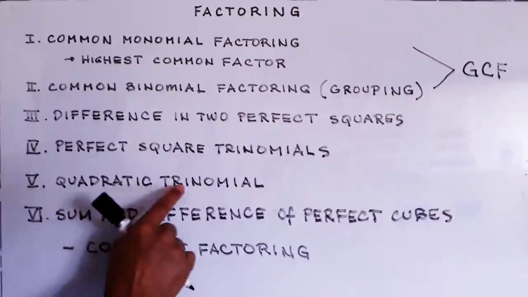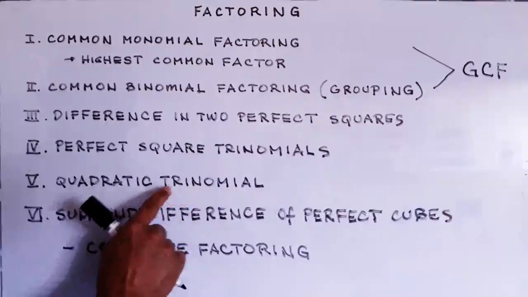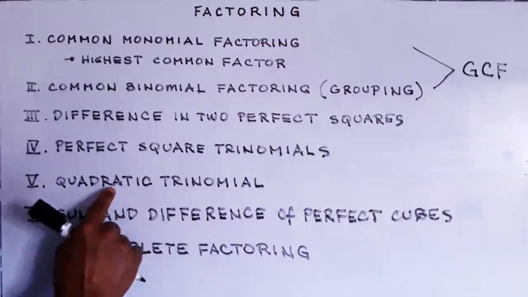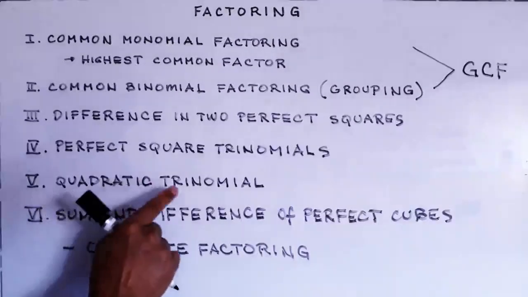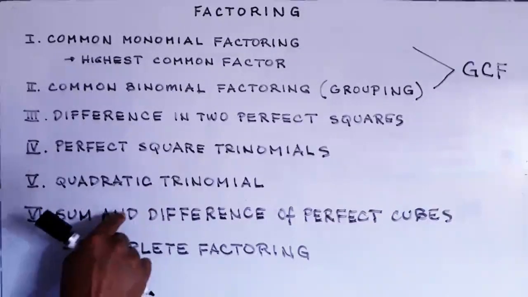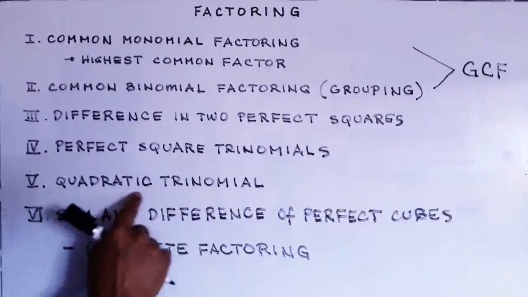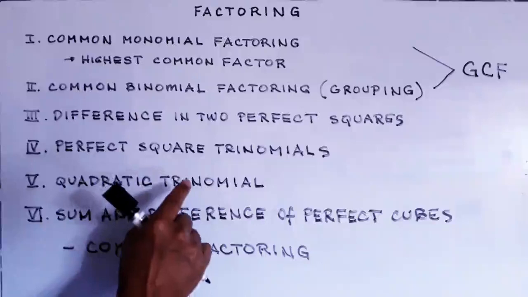The quadratic trinomial is, sometimes we resort to trial and error here. If the numerical coefficient of the x squared is not 1, say 2, 3, 4, 5, 6, then that is the general quadratic trinomial. We say quadratic trinomial. Okay?